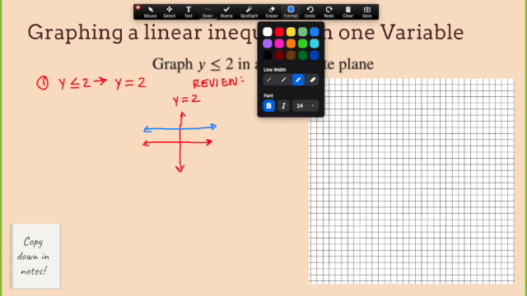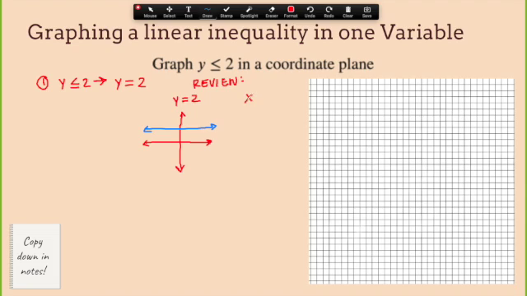If, for example, it was any number equaling x, it would be a little bit different, where I would draw a vertical line instead. And that vertical line would be at positive 2 over here.